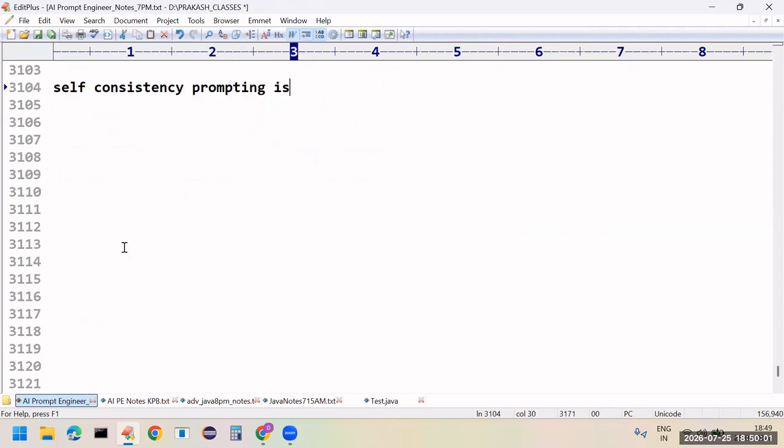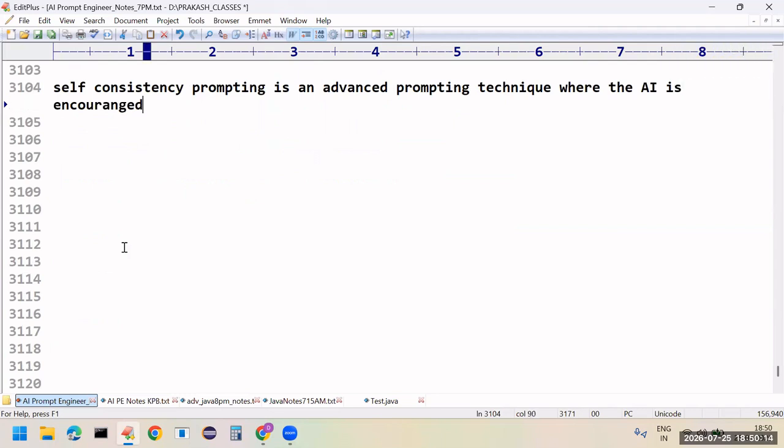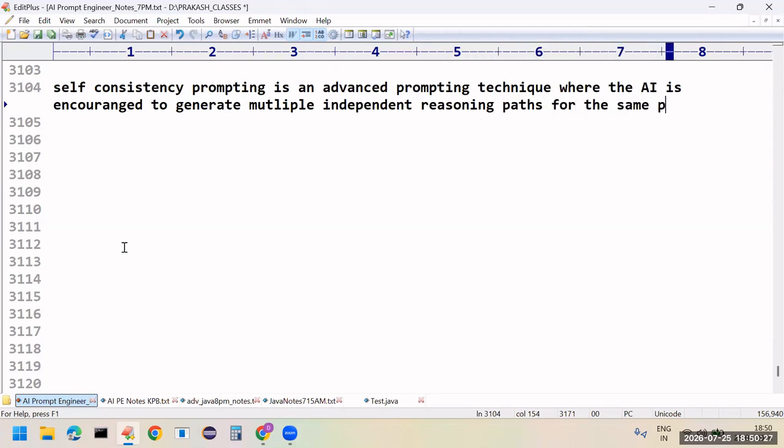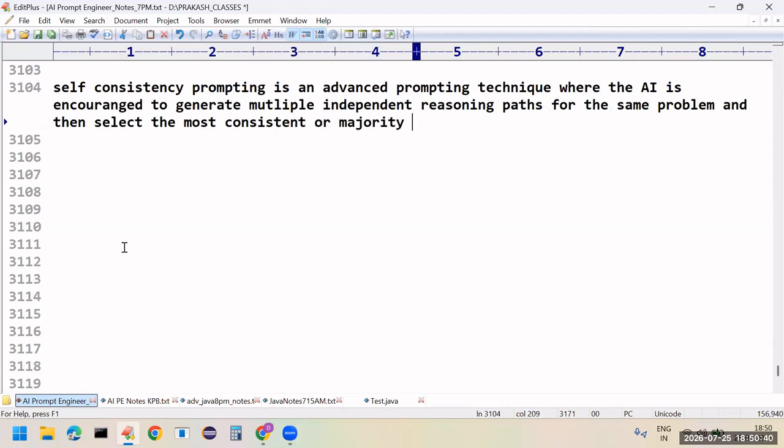Self-consistency prompting is an advanced prompting technique where the AI is encouraged to generate multiple independent reasoning paths for the same problem, and then we select the most consistent or majority-supported final answer. This is what we do in self-consistency.